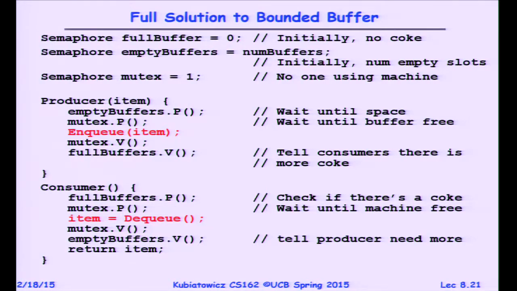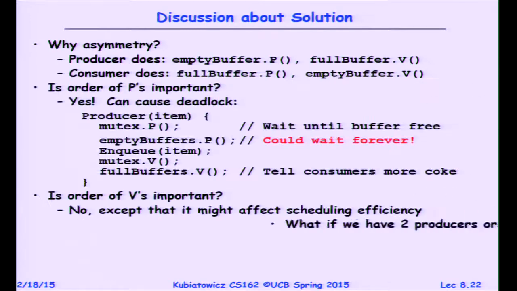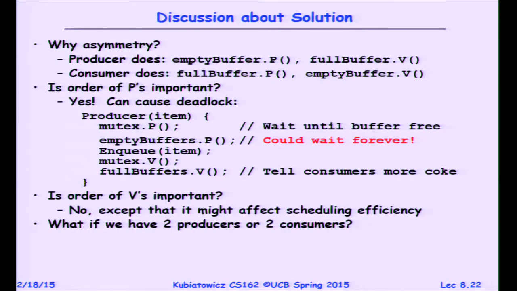So if there's only one spot, well, if we have a single buffer with a single queue item, then yeah, you don't need this complexity. But that's a much less interesting bounded buffer. Okay, so what if we have two producers and two consumers?